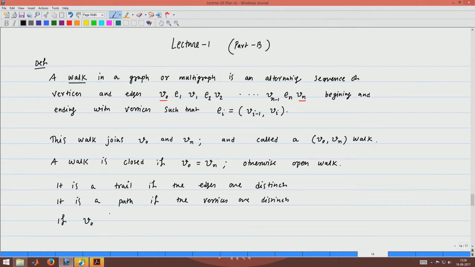These are very important because these definitions we will be using throughout this course. If V naught equal to V n, but all other vertices are distinct, then it is a cycle.